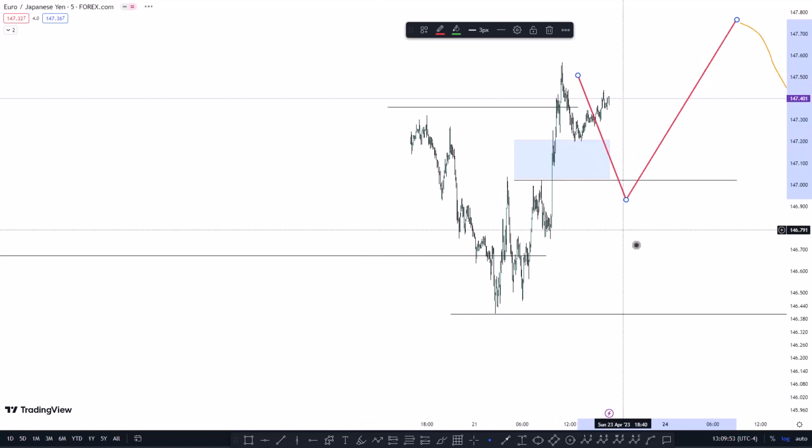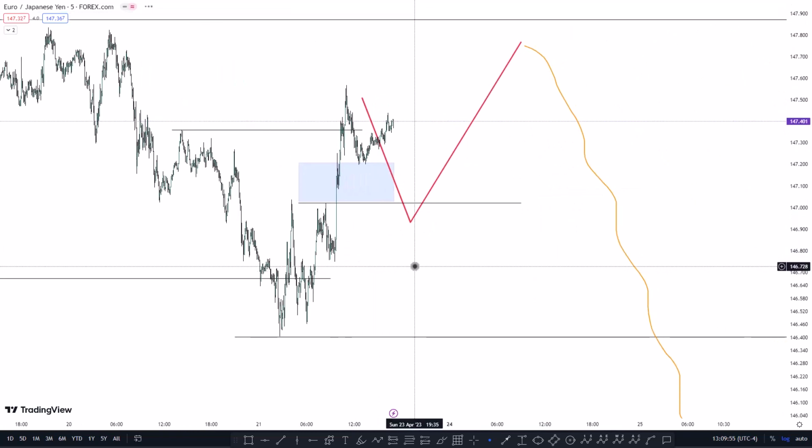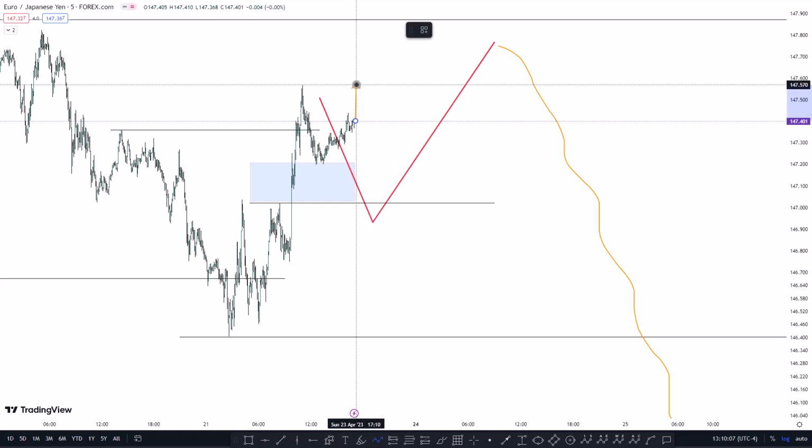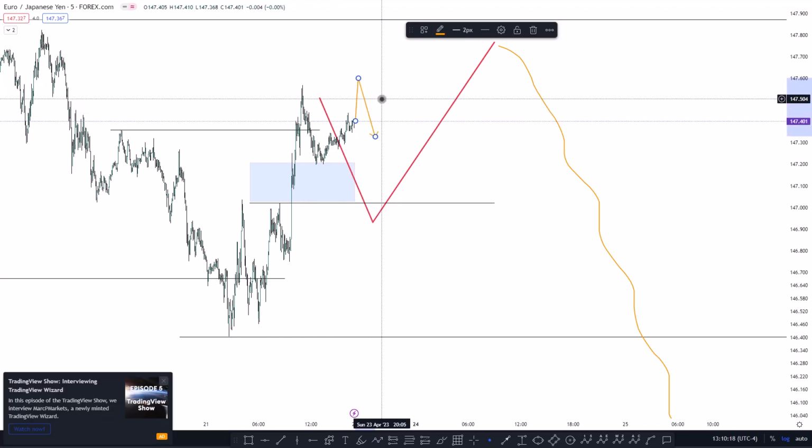A new day, for example, starts on a Monday. When a new day starts, you may have a market, for example, trading higher, take this level. That's just an example, right? And then after taking this level, it may show you a minor break of structure, for example, during New York or London, then you have an idea.